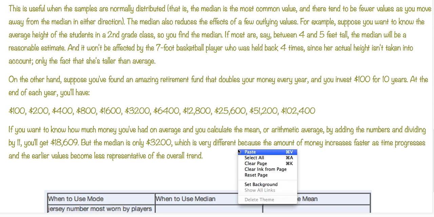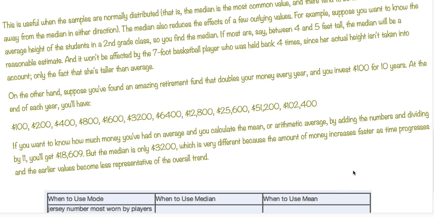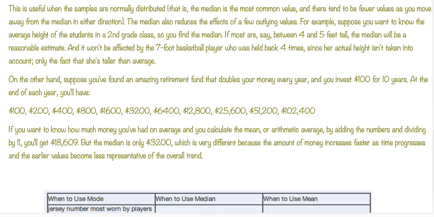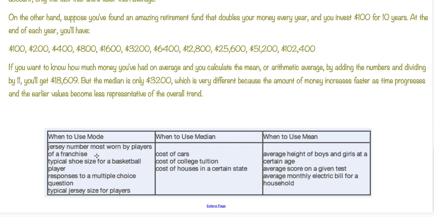Okay, this is just a table on when to use the 3 measures. These are good examples of when you use the 3 measures of central tendency. Use the mode, let's say, when you're talking about the jersey number most worn by players of a franchise. You want to use the mode when you want to find the typical shoe size of a basketball player, or when you want to find responses to a multiple choice question, and the typical jersey size for players as well.